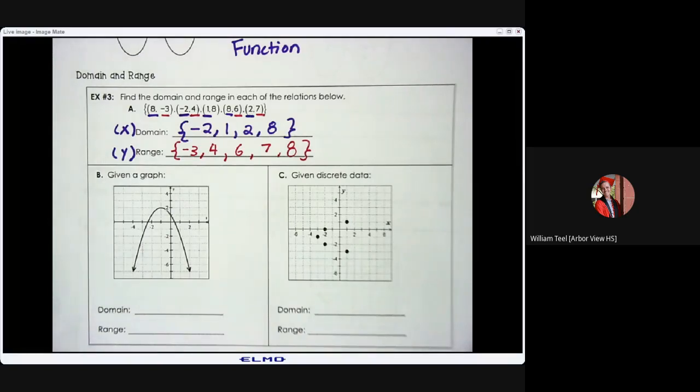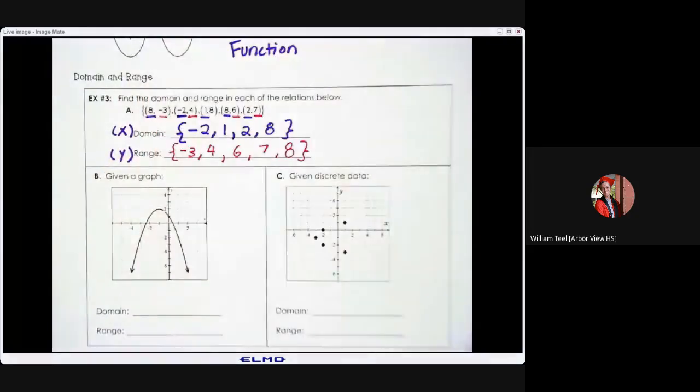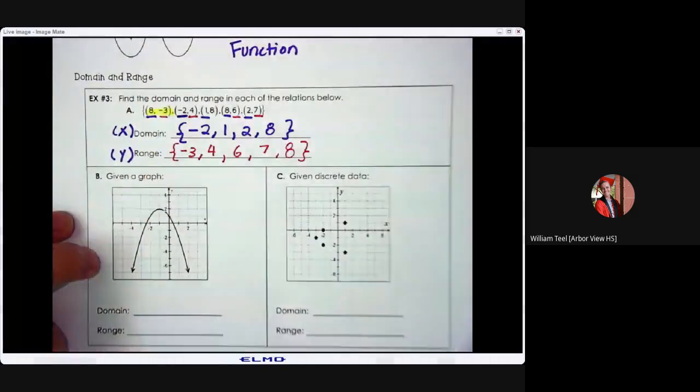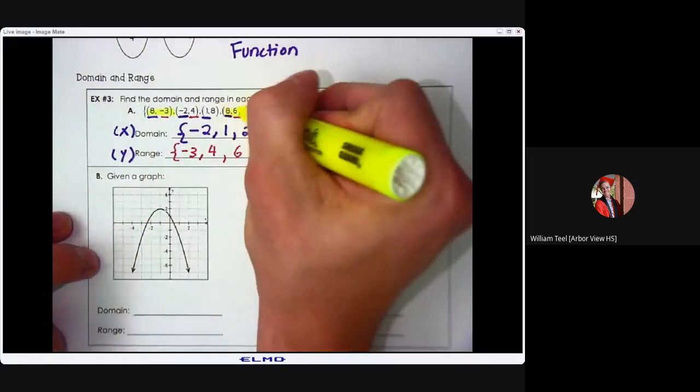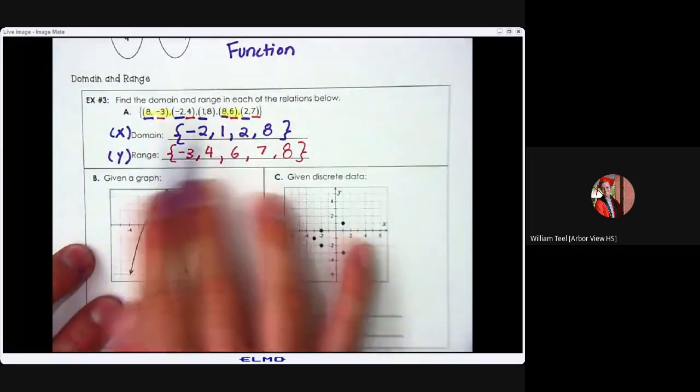Now ask yourself, is this relation a function? Remember, in order for a relation to be a function, all of the inputs must have exactly one output, not multiple outputs. If you take a look at this one, I'm going to highlight it. (8, -3). If you look at this ordered pair, and you also look at this ordered pair, (8, 6), you will see that both of these have an x value of 8.